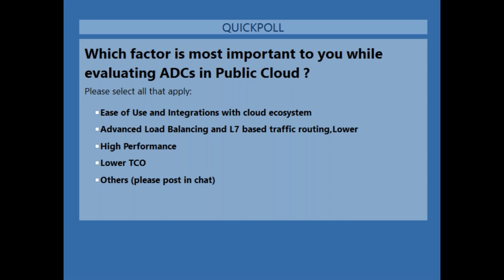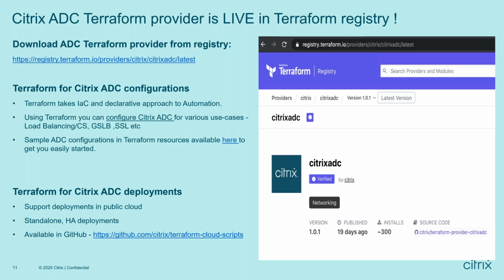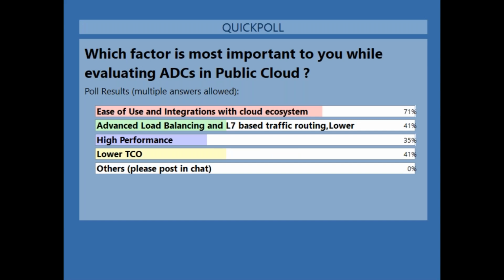It looks like just about 30% of you have voted. We would just like to get a quick feel for what's really the driving factor for bringing your ADC into the public cloud. All right, we have just about half of you voted, so I'm going to go ahead and close the poll and share out the quick results.